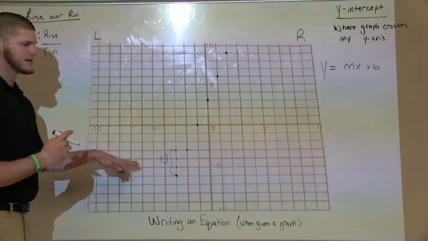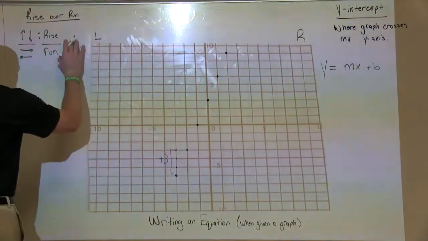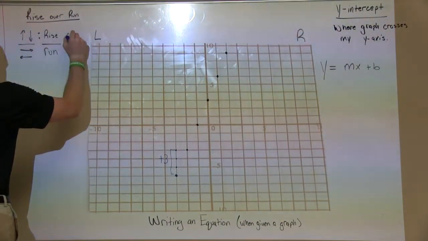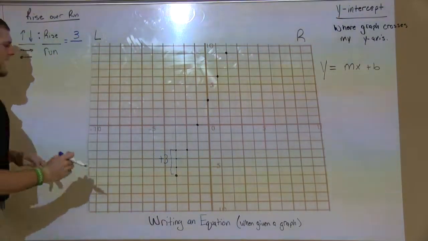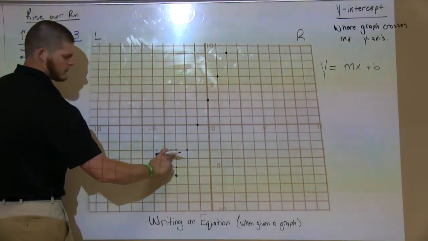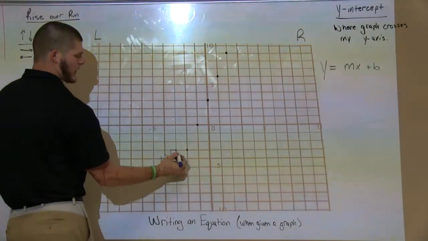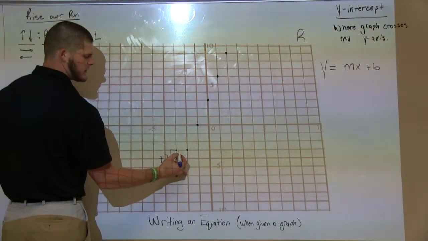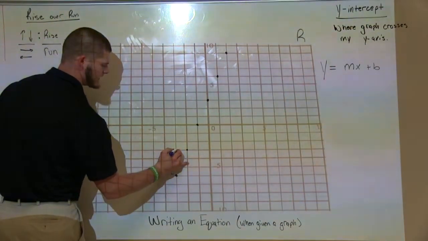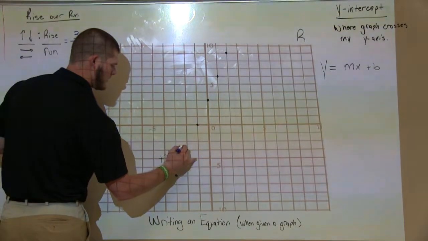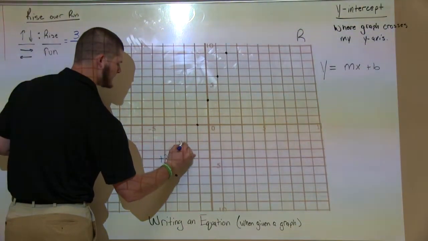So if our rise is plus 3, our slope would be filled out as 3 over something. Now that we've risen 3, here's where we stopped rising. I want to go from this point to how far I have to go over to get to my next point, which we can see here is just plus 1.